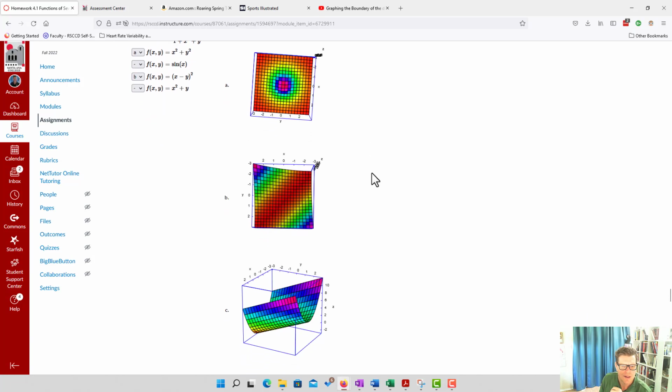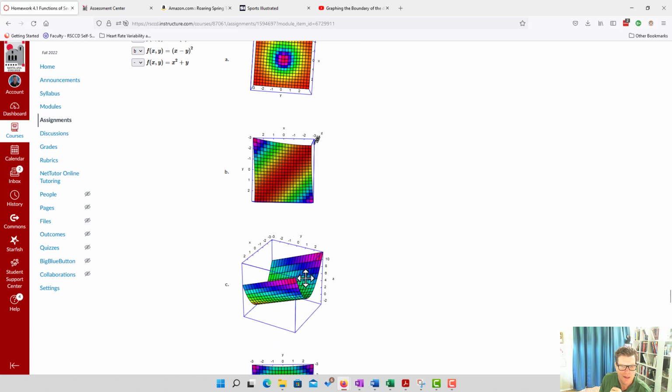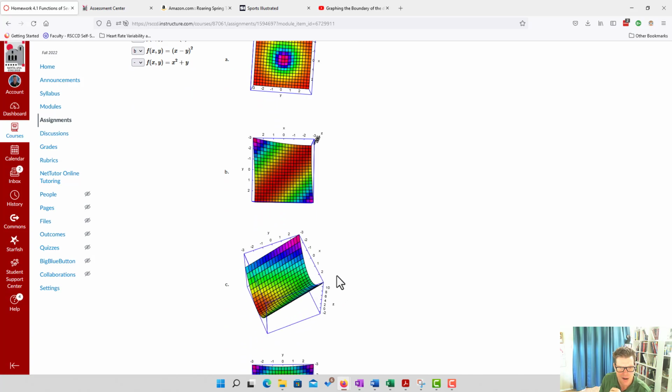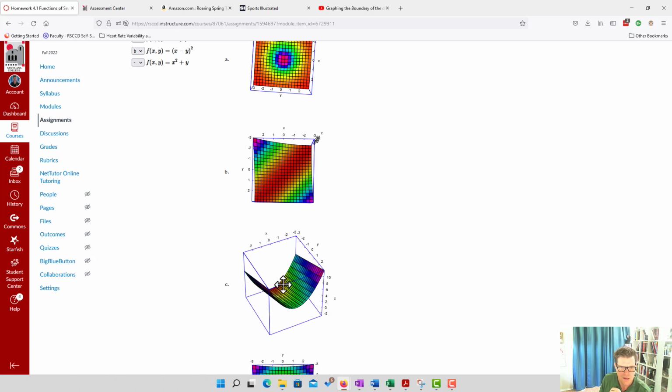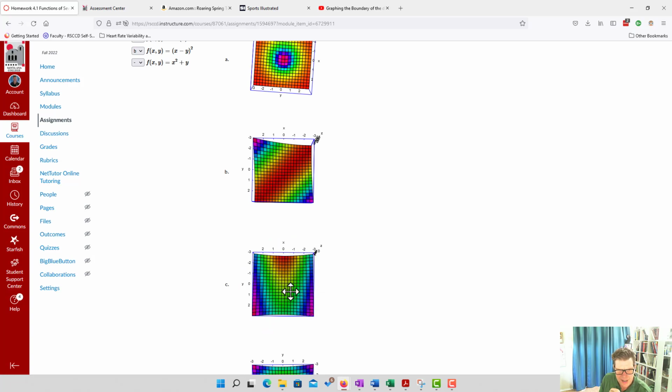Okay, take a look at the third one. Let's get into that XY axis.